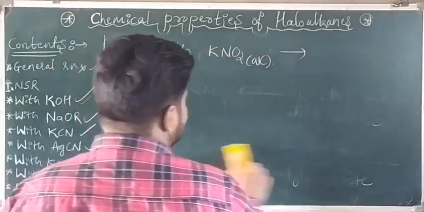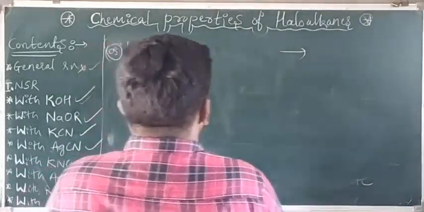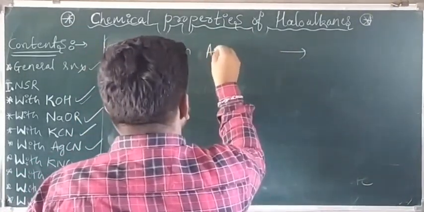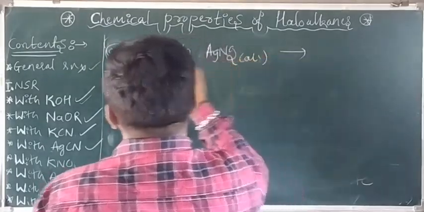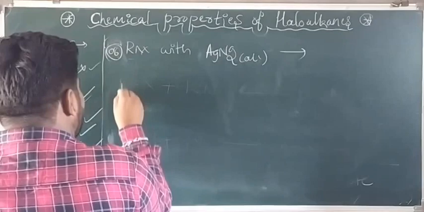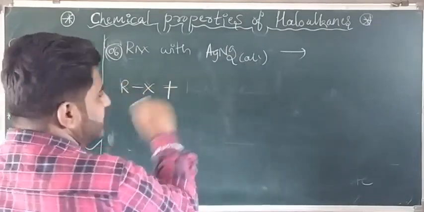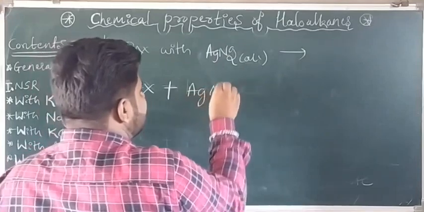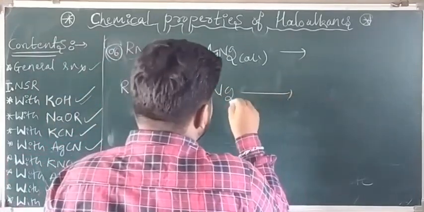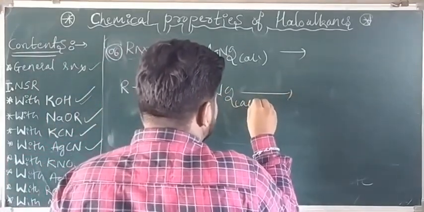Reaction with AgNO2, that too alcoholic we need here, 6th reaction. When you add haloalkane to AgNO2, AgNO2 is nothing but silver nitrite, right? Alcoholic AgNO2 is required here.